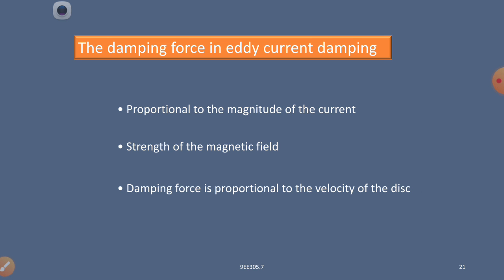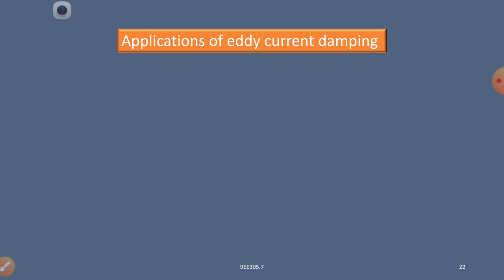So these are the three factors: the damping force in eddy current damping is directly proportional to the magnitude of the current induced, the strength of the magnet, and the velocity of the disc. When the velocity is 0, there is no cutting of the magnetic field. Then what is the force? The force is equal to 0 as per Faraday's laws of electromagnetic induction.